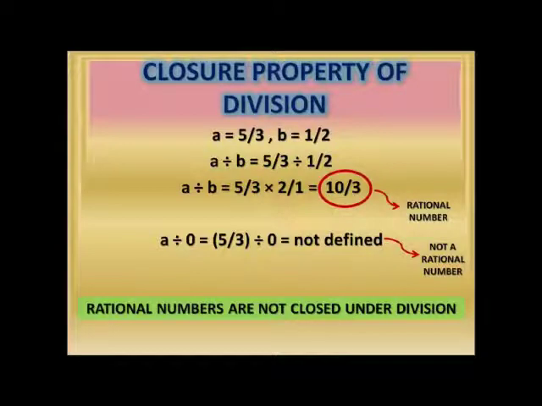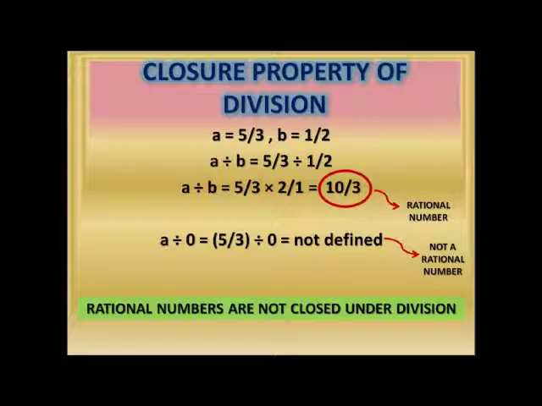Now let us come to the closure property of division, which does not hold good for all rational numbers. Let us take two rational numbers, a is equal to 5 by 3 and b is equal to 1 by 2. Now we divide a by b, which is 5 by 3 divided by 1 by 2, and this will be equal to 5 by 3 into 2 by 1, which is equal to 10 by 3, which is a rational number.